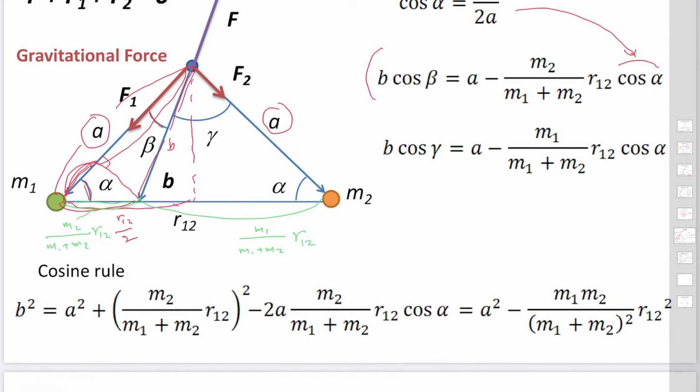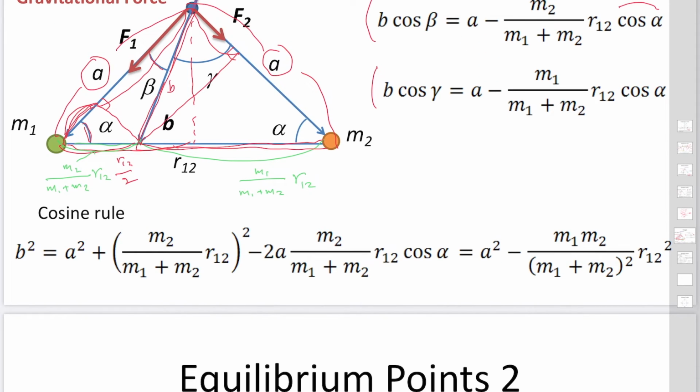And also you could consider this triangle. This length is A minus this, cosine alpha. Okay, you can easily understand. We can apply the cosine rule for this triangle: B squared equals A squared plus this length squared minus 2 times A times this length times cosine alpha.